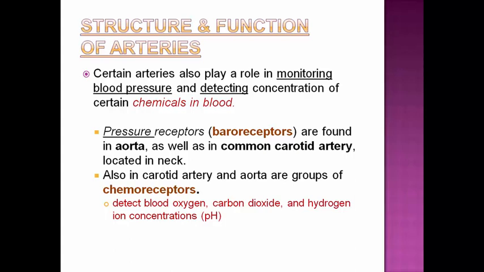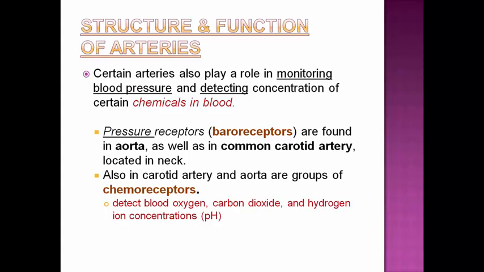You find these within the aorta and also the common carotid artery as it comes off of the aortic trunk that's located in the neck. That's going to make sure that the pressures in the aorta and also in the common carotid artery, which of course is feeding into the brain tissue, are maintained. We talked about in Anatomy 1 that brain tissue, 4 to 5 minutes without oxygen and nutrients, begins to die off. So again, the pressures are regulated by baroreceptors.